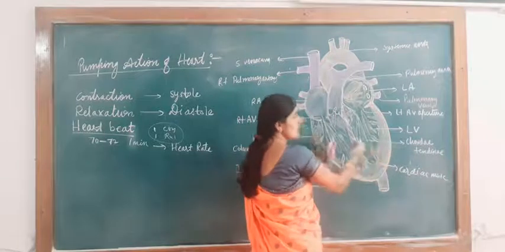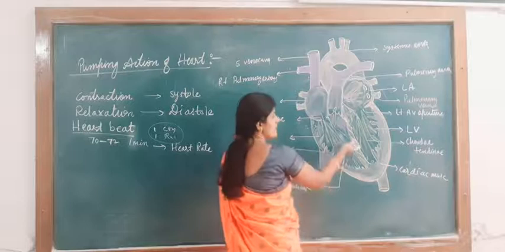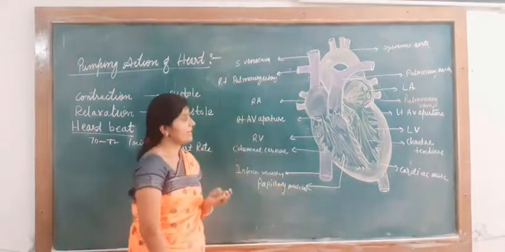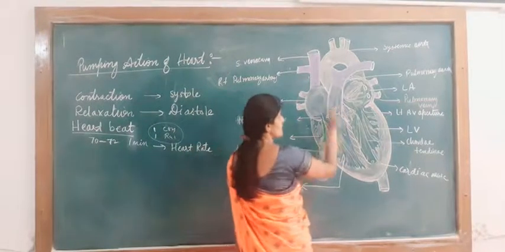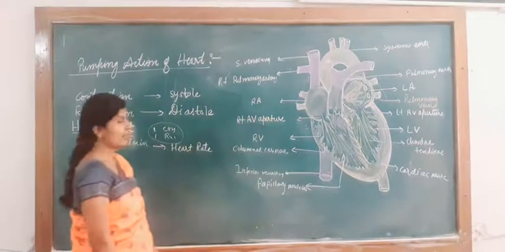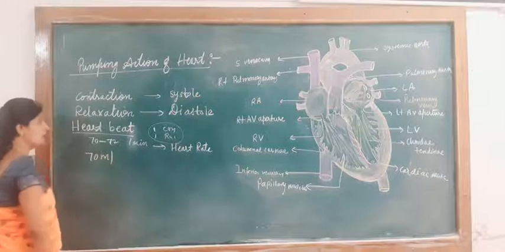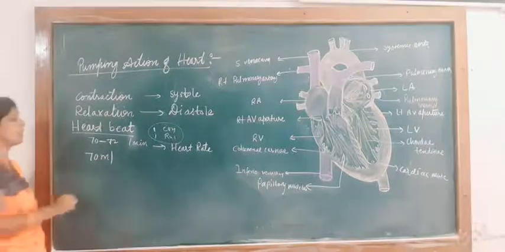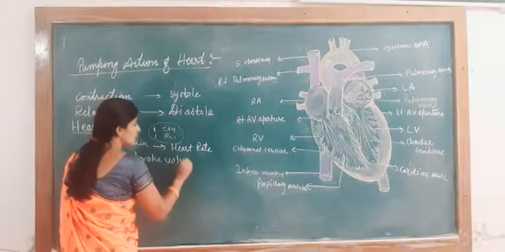When the ventricular muscles contract, the blood flows into the pulmonary aorta and systemic aorta. 70 ml of blood flows into the aorta when the ventricles contract. This is called stroke volume.